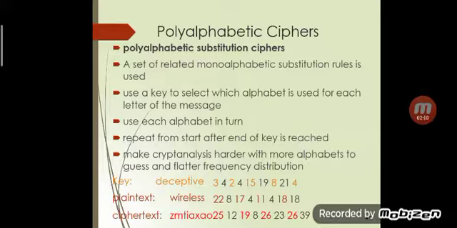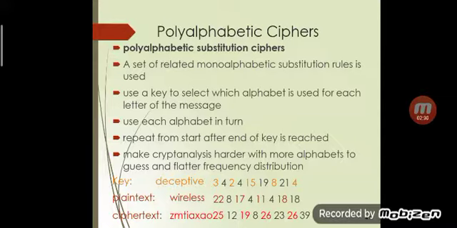Now we have to convert the plain text into the ciphertext. In order to do that, we use numbers for the alphabets. First we represent a number for each alphabet.